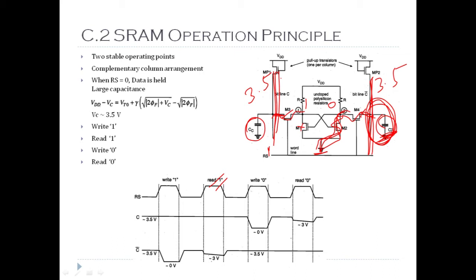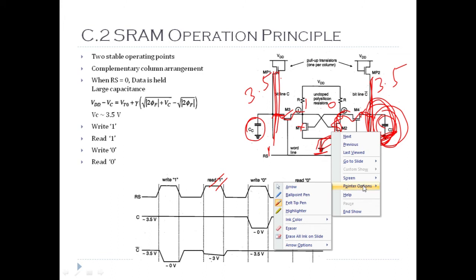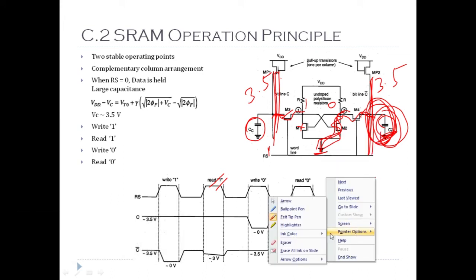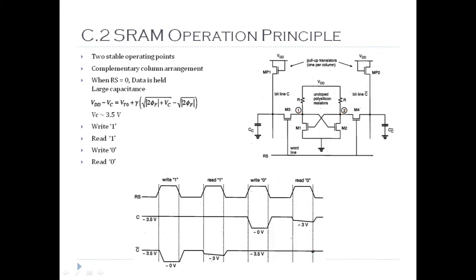So for a stipulated time it won't drop to 0, but the voltage on this bit line will drop by a very small amount, in hundreds of millivolts. From our discussion we can conclude that the voltage at this point should drop and the voltage at this one will remain the same, that is 3.5. It will drop by approximately 500 millivolt, so the voltage at this will become 3 volt.